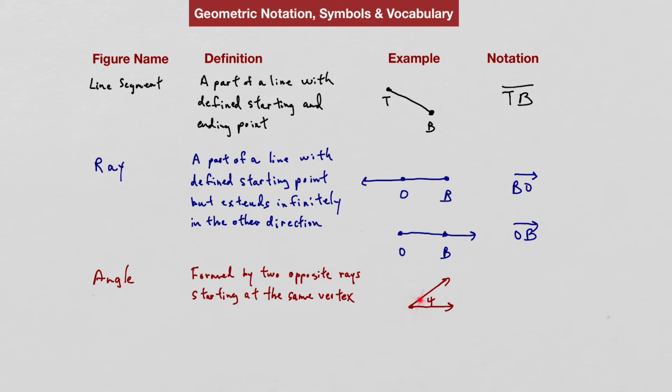From here going in that direction is one ray, and then from the same starting point of this vertex going in this direction is also a ray, and that forms an angle. Here we have angle 4, and the notation looks like this. We call it angle 4.